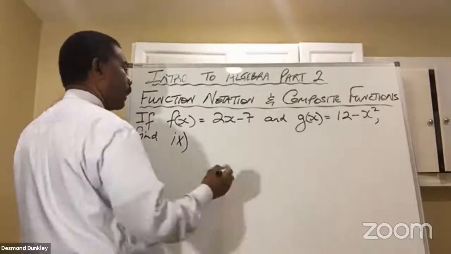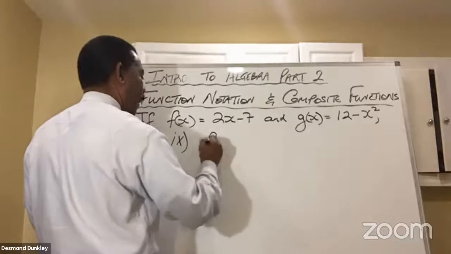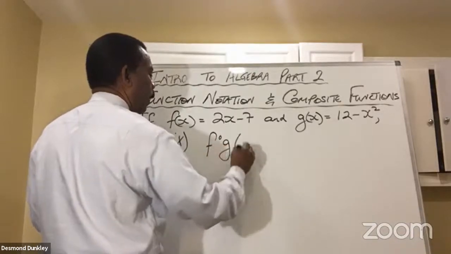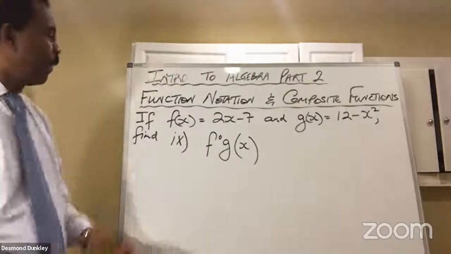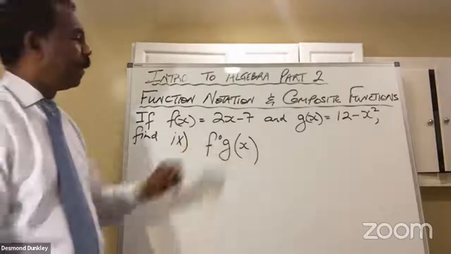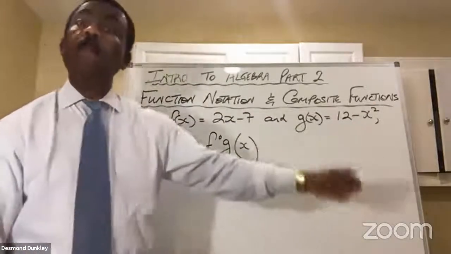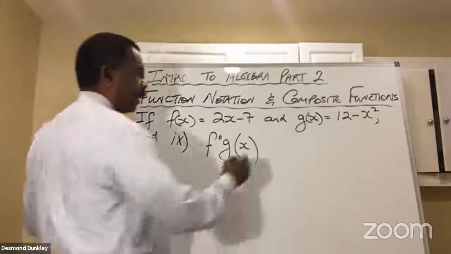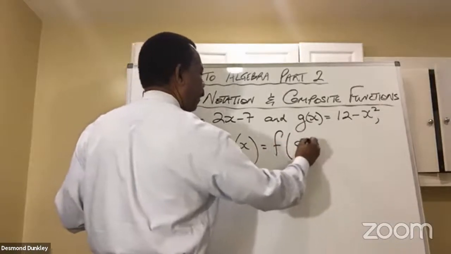If I ask you what is f composite G of x? You have f of x by itself, you have g of x by itself. What happens if I want the composite function? What is that going to be equal to? Well, it's equal to f of g of x.